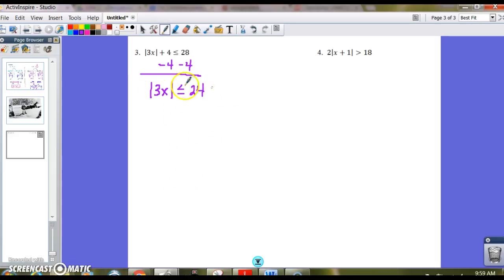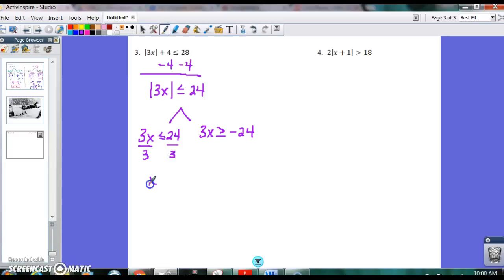Now I can set up my two inequalities. First one, take it out of the absolute value, leave everything else the same. In the second one, take it out of the absolute value, flip the inequality, and change the sign of the other side.